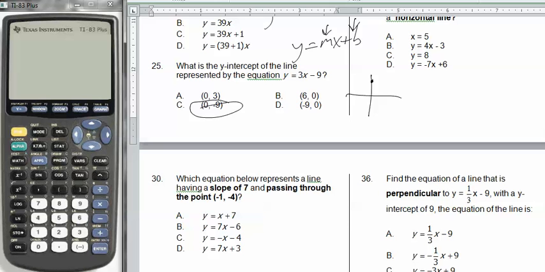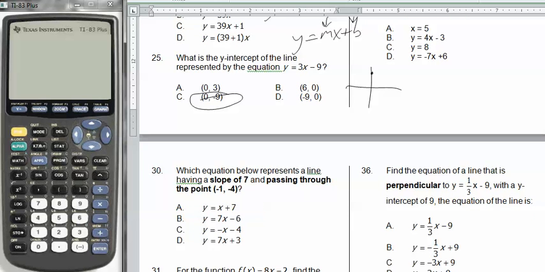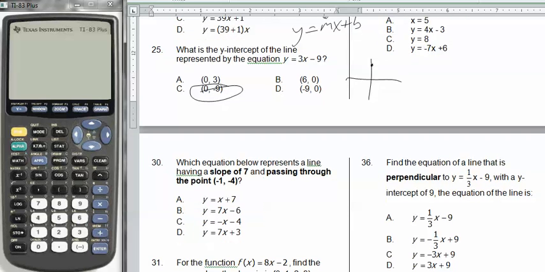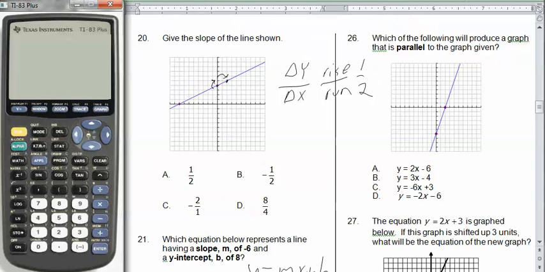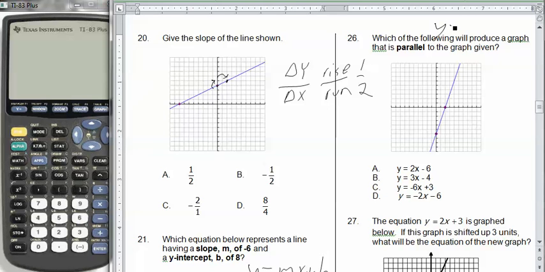Okay, so here we go, back up to the top of this page. So for number 26, which of the following will produce a graph that is parallel to the graph given? Okay, so if we remember again, on y equals mx plus b, this is the slope, and parallel has the same slope. So first we've got to figure out what this slope is.